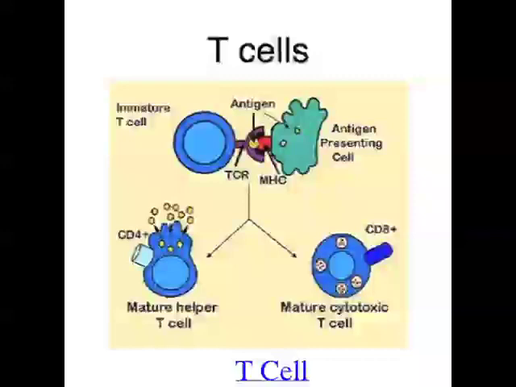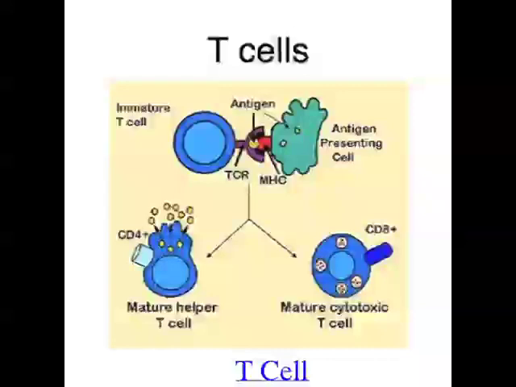And there are different types of T cells. There's helper T cells, and they basically work with the immune system to stimulate B cells to produce more antibodies. There's also cytotoxic T cells, another type of T cell, and what they do is recognise and kill a body's own cells that have been infected by a virus.